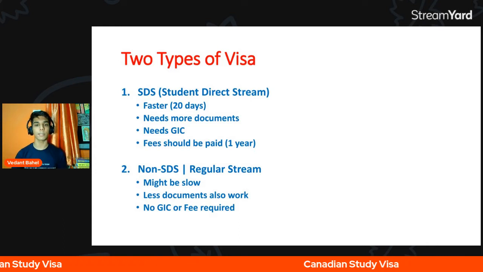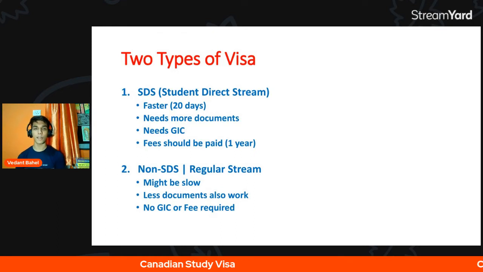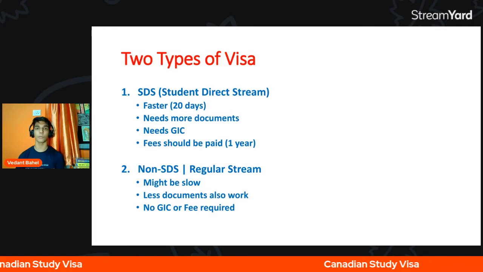The first one is the Student Direct Stream, that is SDS, which is a faster method than the normal stream. This has been designed for students from a limited number of countries. India is on the list, which requires more documentation, more assurance, but then they promise to process your visa faster than the normal track.